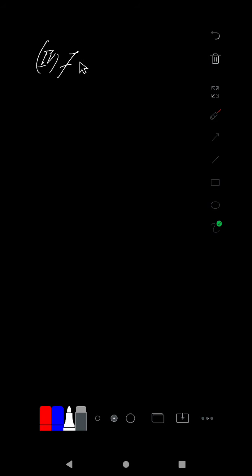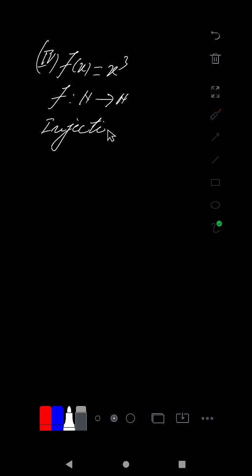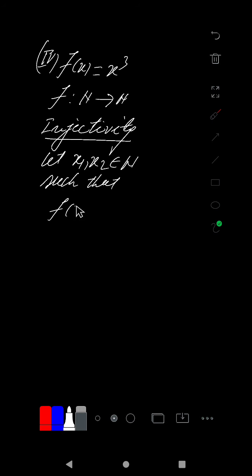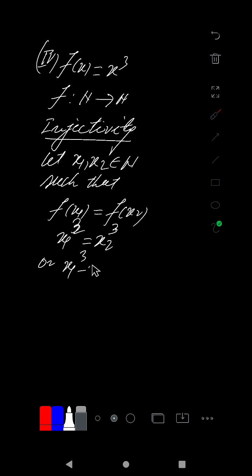Now here we are given f(x) is equal to x cube, where f is defined from N to N. Let us check injectivity. For that, we need to assume two arbitrary elements x1 and x2 from the set of natural numbers such that f(x1) is equal to f(x2), x1 cube is equal to x2 cube, or x1 cube minus x2 cube is equal to 0.